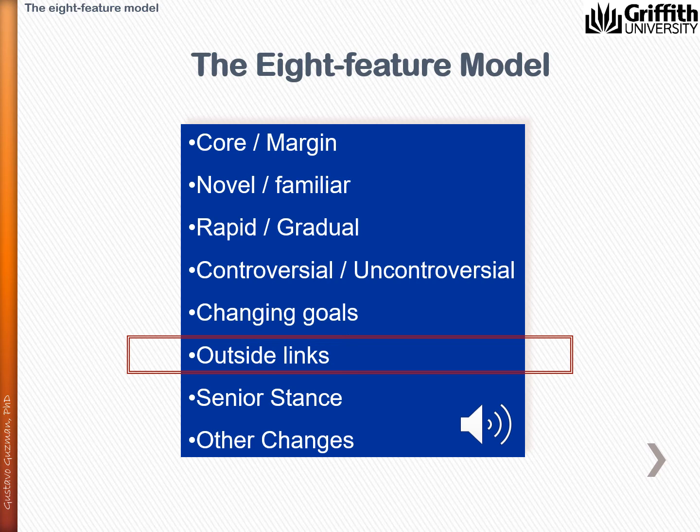Outside links is about people or organizations who are outside the project but that may affect the project to a significant extent. Today, organizations are highly interdependent. We know that organizations and projects are connected to other organizations in different degrees and in different ways. This means that projects depend on different stakeholders.